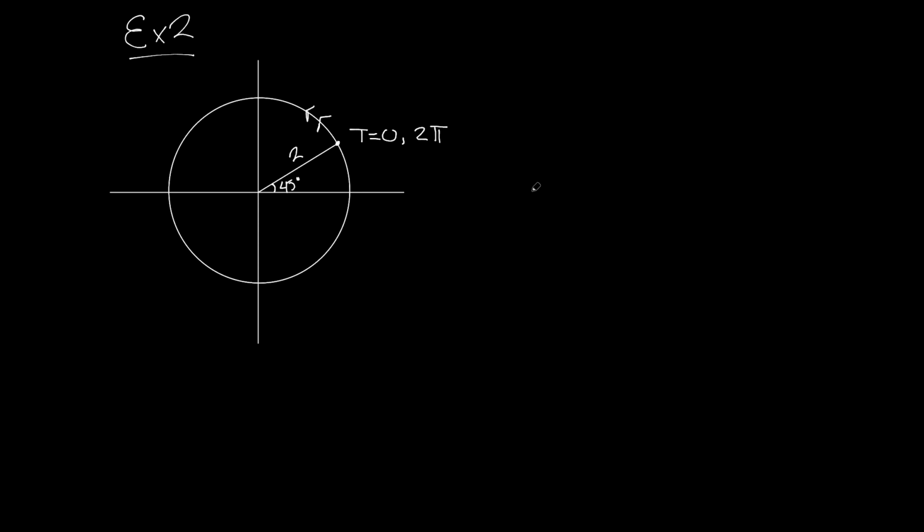Alright, now we have enough information to set this up. You're welcome to pause this video and try if you like. Alright, now we're going to do our same equation. We have our radius times cosine. And in this situation, it's not pi over 2, but it's 45 degrees. We can do this by saying 45 degrees times pi over 180.